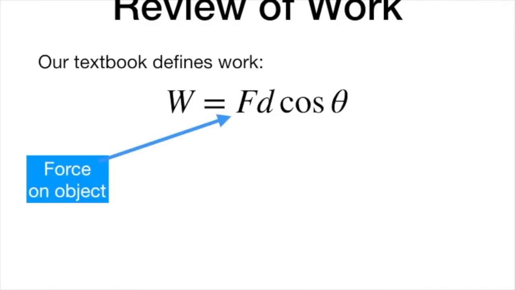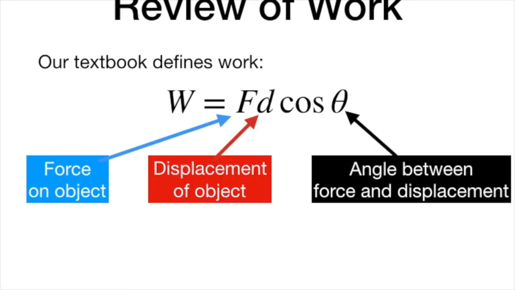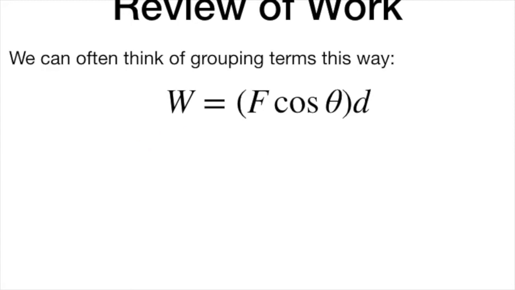Okay, so this is our review of the definition, right? Force times displacement times the cosine of the angle between the two. That's the way that our textbook has it defined. Now, on Wednesday, we thought of grouping the cosine theta with the force, right?